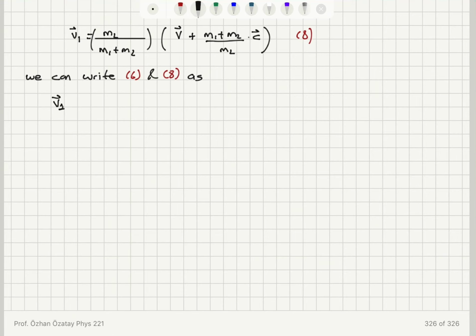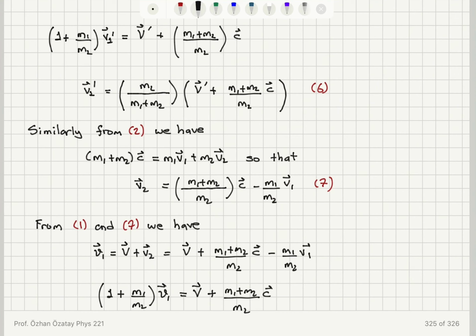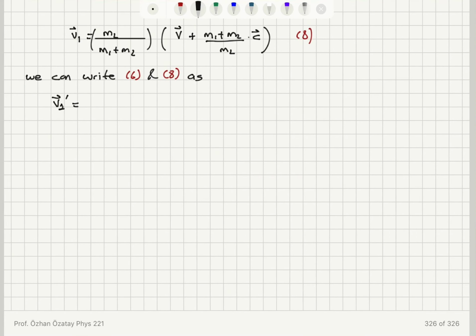So the end result of our transformation: distribute m2 over (m1 + m2) into the equation, we obtain for v1 prime, m2 divided by (m1 + m2) times V prime plus the center of mass velocity c, and for v1 we can write m2 over (m1 + m2) times the relative velocity V plus center of mass velocity c.